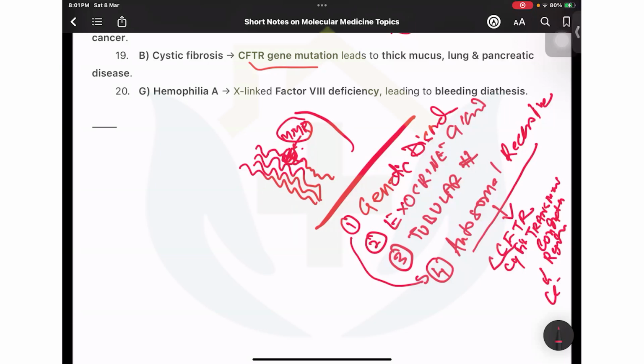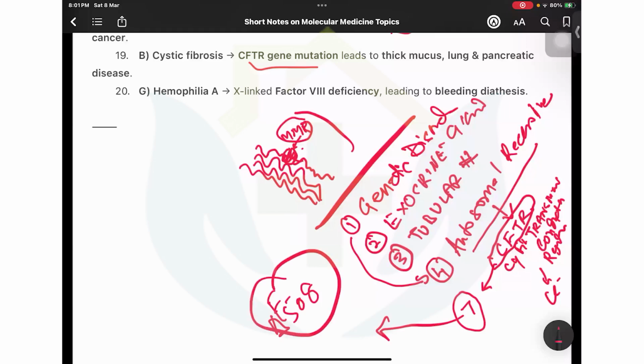And which chromosome is this gene present on? Chromosome number 7. Okay, chromosome number 7. And this mutation is known as delta 508. Is that clear? Yes, sir, this is delta 508.